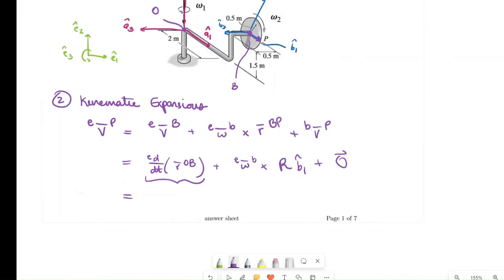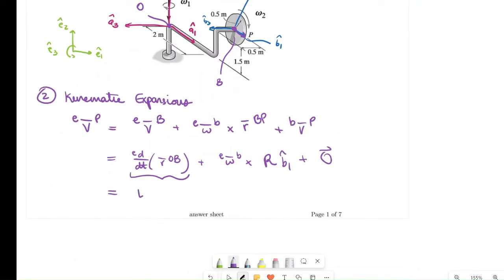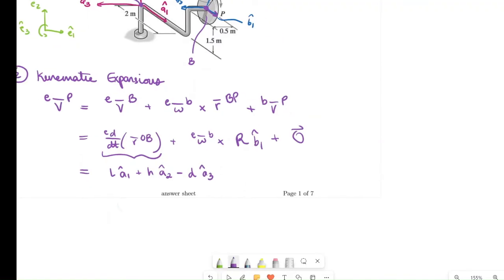So from O to B, it would be L A1. Also, if you skip to this part of the video, just know that I go through the variable names and everything in the part where we do the BKE method. So if you go to the beginning of that, I explain where everything is coming from.